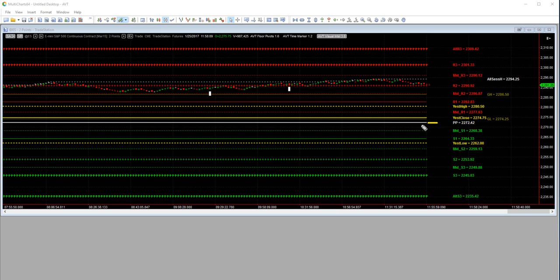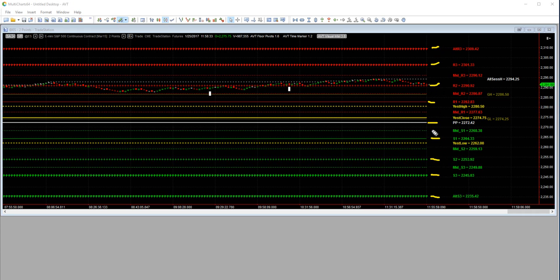The other numbers are different combinations of those particular numbers. As we go up, we'll find R1, R2, R3, and the alternate R3, which has a different calculation. Likewise, on the support side, there's S1, S2, S3, and the alternate S3.